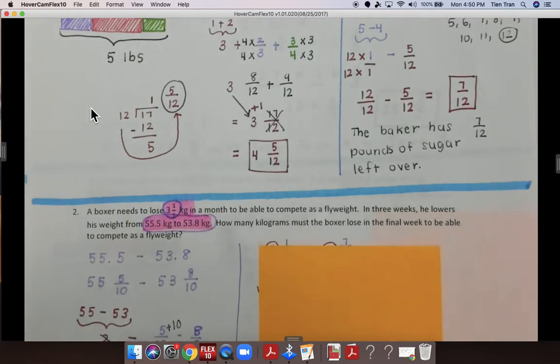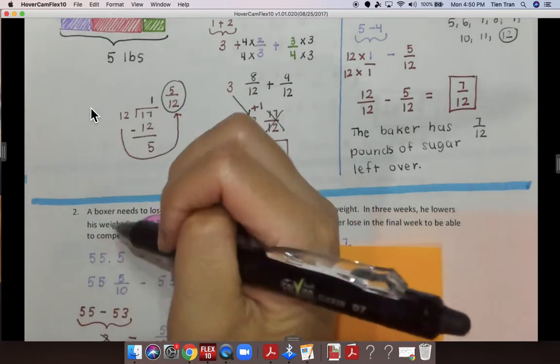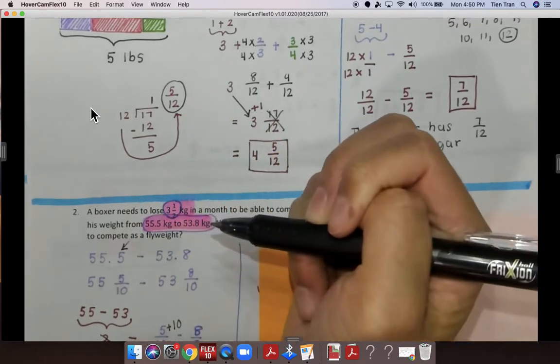So the first thing I'm going to do is subtract 55.5 kilograms minus 53.8 kilograms. So that's what I'm doing here. Now remember how you read your decimals? You can read this as the place value it's in.